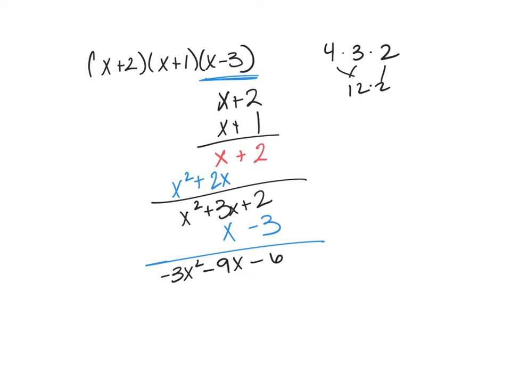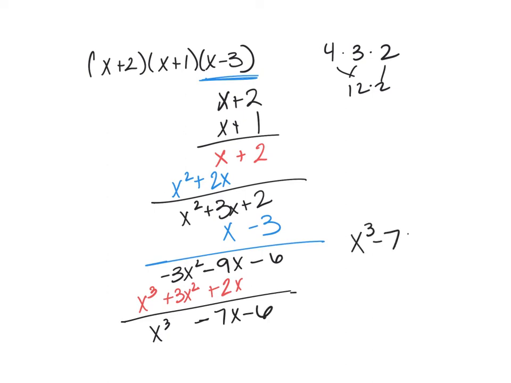So I get 2x positive, x times 2. x times 3x is plus 3x squared, and x times x squared is x cubed. And then when I add up my like terms, I have x cubed. My 3x squared and negative 3x squared equals 0. And then I have minus 7x minus 6. So x cubed minus 7x minus 6 is my final answer.